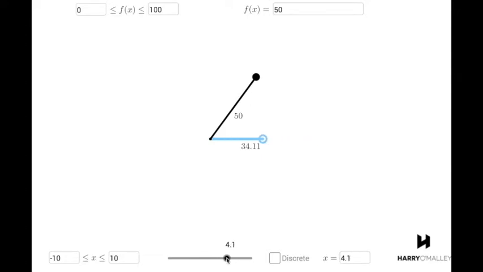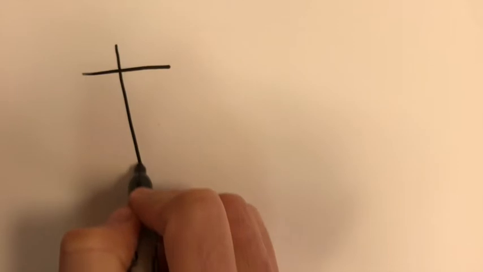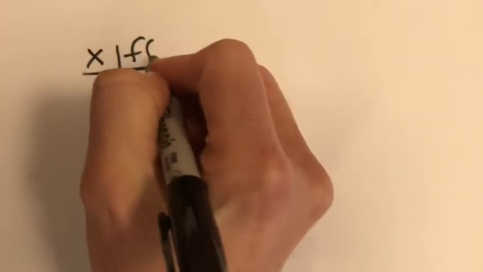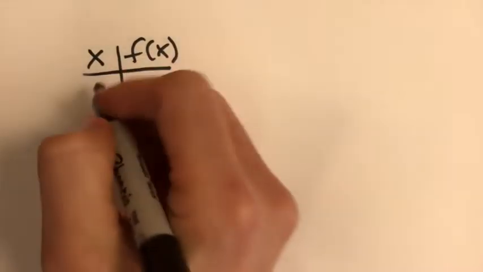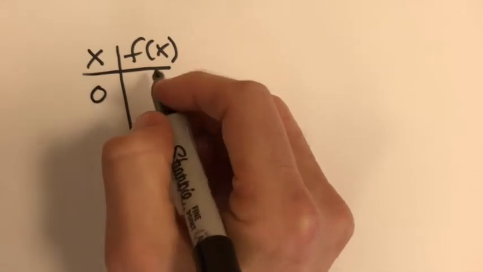Next, we want to see are the second differences of the change in length over time linear, or are they constant? So we're going to need to collect some data here. So this is where we're going to want to go to discrete. I'm going to put in x is equal to 0, and I'm going to start making a table here. So I'll make a table, x and f of x, and we're going to collect a little bit of data here. When x is 0, the output's 5.